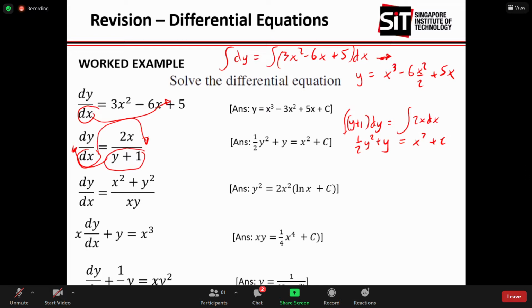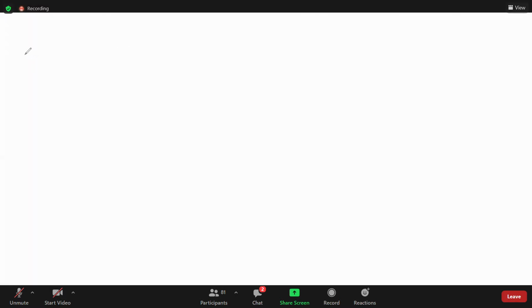The next one is a substitution form. So we have dy in dx is equal to x squared plus y squared over xy.